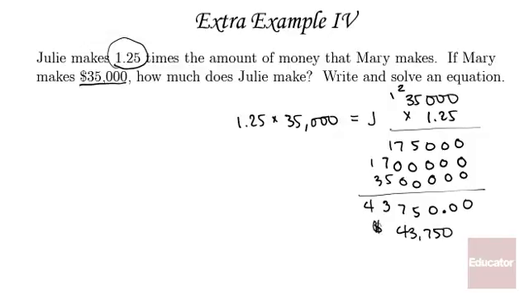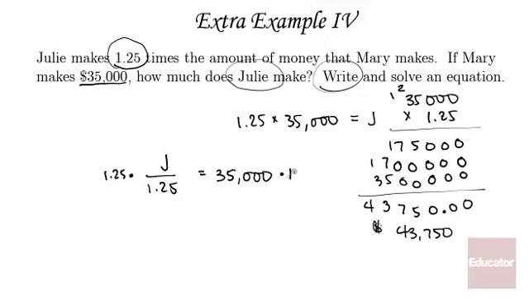Let's try this equation using a variable. So what we don't know is how much Julie makes. So Julie's going to be our variable, J. And we're going to divide that by 1.25 to return to how much Mary makes. So here we've written an equation. J, Julie's amount, divided by 1.25 equals 35,000. The opposite of dividing by 1.25 is to multiply by 1.25.